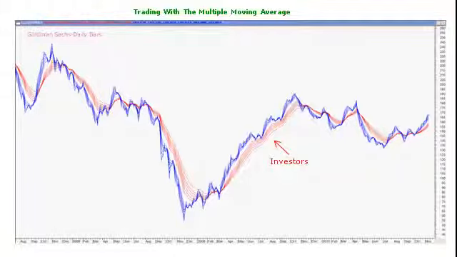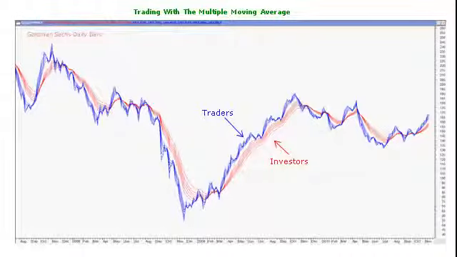So these red bands are the longer-term trends. The shorter-term bands here in blue are the traders, people who are getting in and out of the market quickly. As you can see, we've got a trend in place here, and you can see how the traders are driving the price up and down.